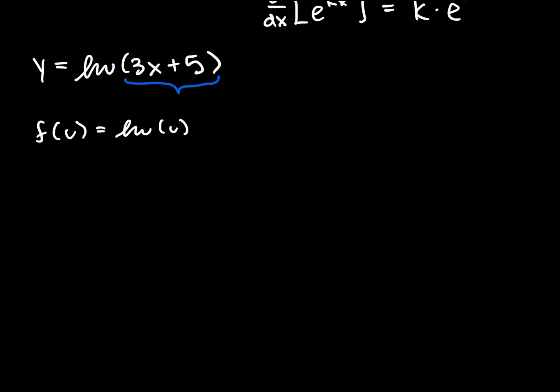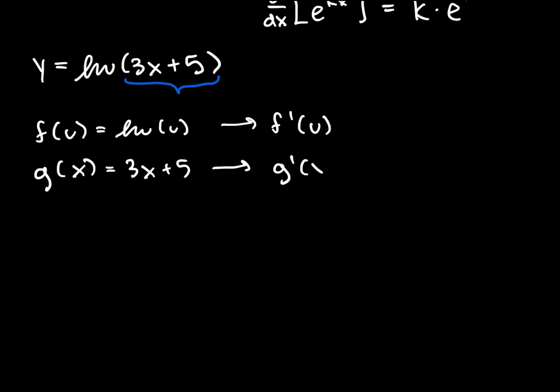And so that's just a good way to remember how to differentiate between the inside and the outside of these chain rule questions. And so our g of x is the inside, which is 3x plus 5. Now, let's find the derivative of f of u and the derivative of g of x.